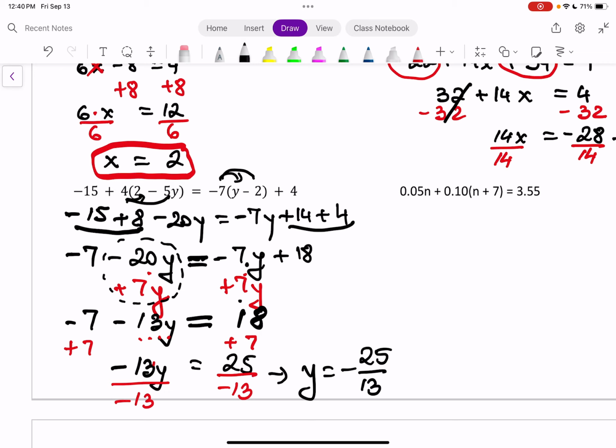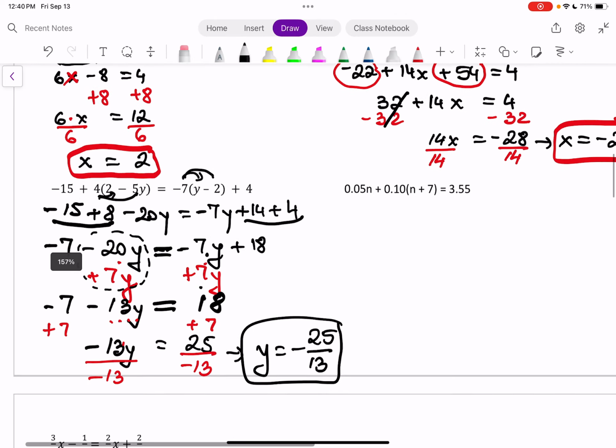And you are welcome to give me a decimal answer, or you're welcome to just, again, 25 divided by 13 is not going to be an integer. It's almost negative 1.9 something, I'm going to guess. If you put it in your calculator, that's fine. Or you can just leave the answer as a fraction.